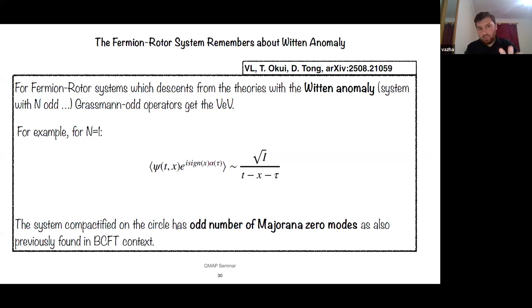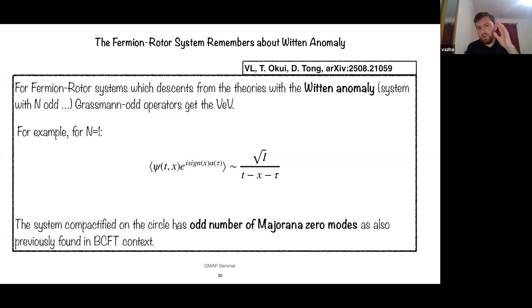This does not happen only for the theories that are thick in 4D, but also for the theories in 2D that do not have any 4D completions, but you can write, let's say, BCFT and Fermion-Rotor kind of models.